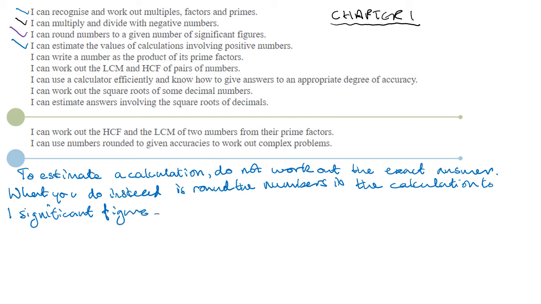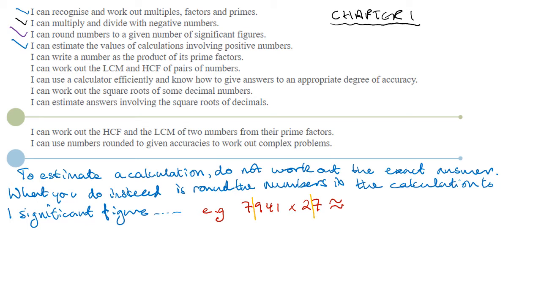So here's an example. Let's say I had 7,941 and I'm timesing that by, let's say, 27. Now we use these little lines here to say that the answer I'm working at here is not going to be exact, it's an estimate. So one significant figure, let's put these lines in. So there'll be a line there and a line there to help me round.